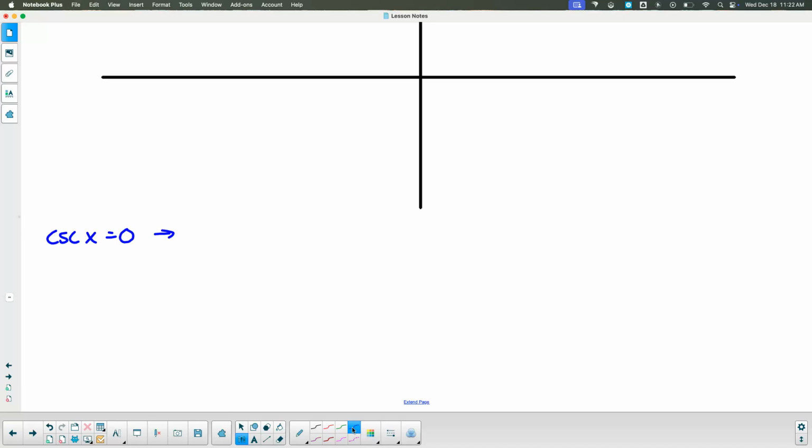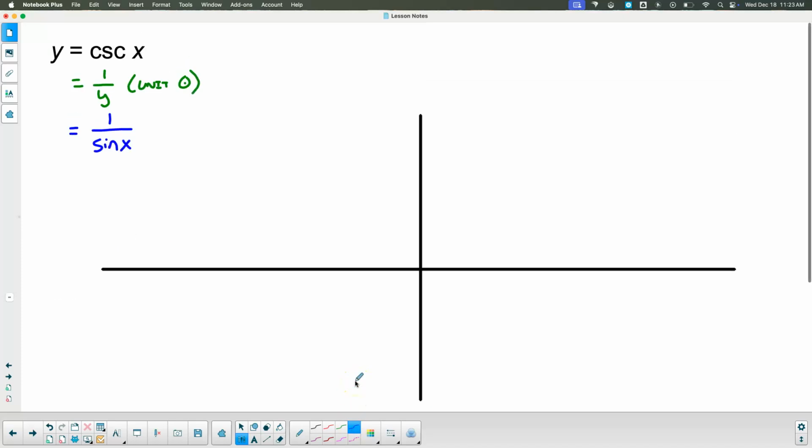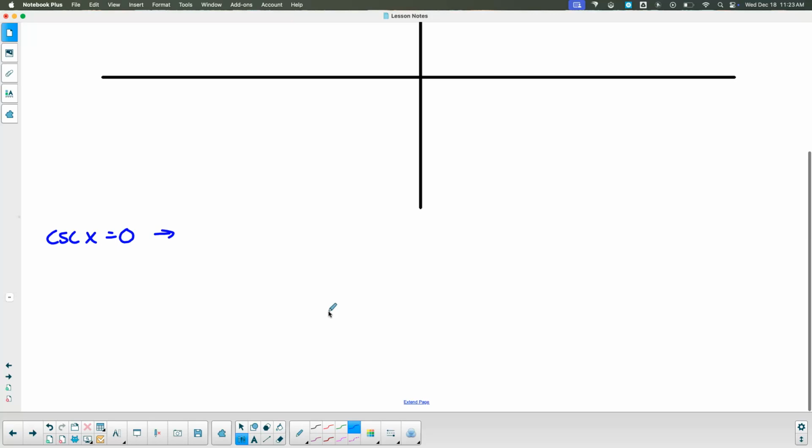What was our classification in order for a fraction to be 0? 0 on the top, right? Can I have 1 be 0? No. So can cosecant ever be 0? That's a negative. Okay. Next easy one. Undefined.